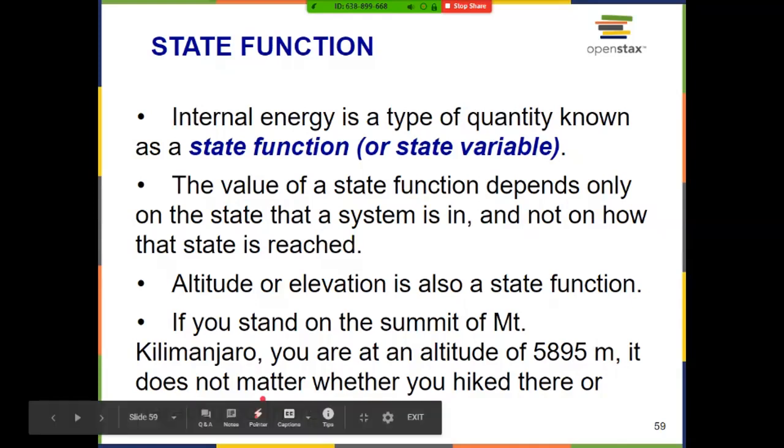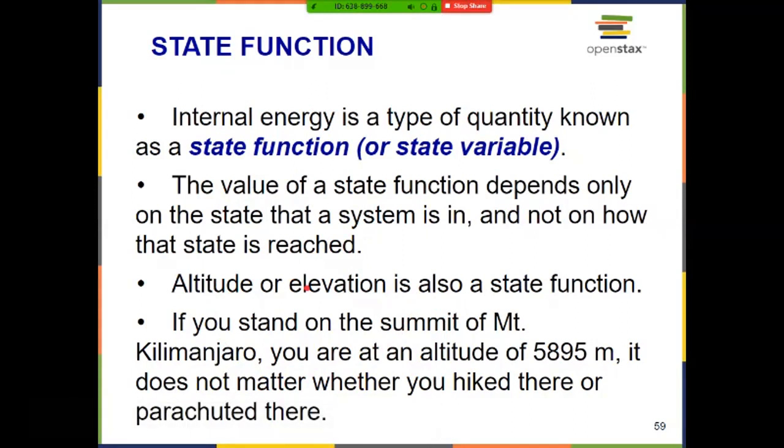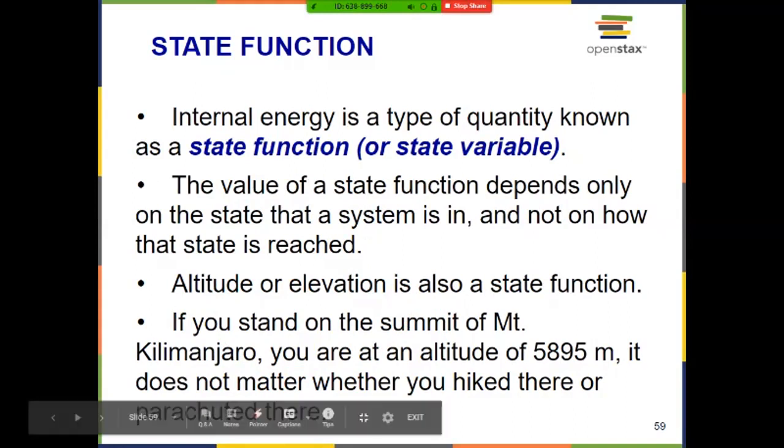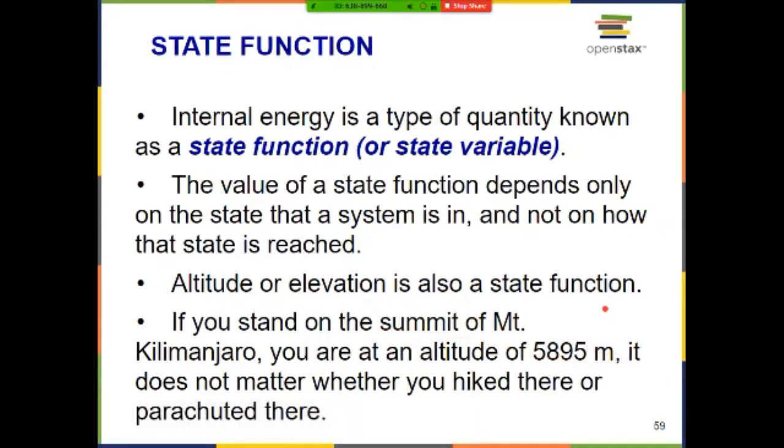So the example that is used in the text on the next slide, your altitude or your elevation, those are state functions. Going from sea level, 0 meters, to the top of Mount Kilimanjaro, just shy of 6,000 meters, you've obviously increased your altitude.